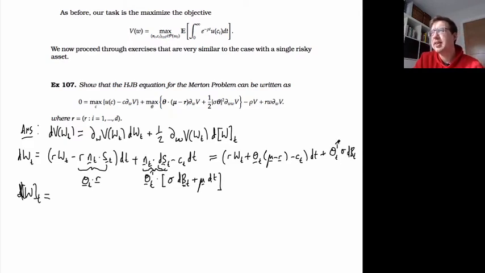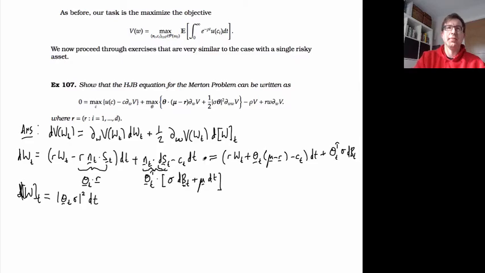We've got a vector here, and we're just going to square up the components of that vector. So it's really theta_t sigma squared dt.